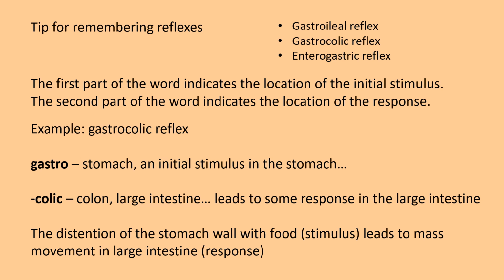So let's take the gastroileal reflex. Gastro means stomach, and ileal refers to the ileum, the third and final region of the small intestine. So the first part of the word, gastro, is the site of sensory input, and the second part of the word, ileal, is the site of motor output. I'll remind you that the gastroileal reflex is triggered by the arrival of food in the stomach.